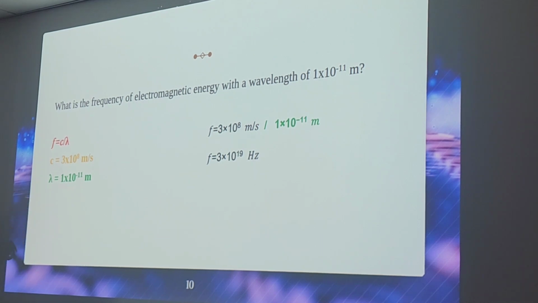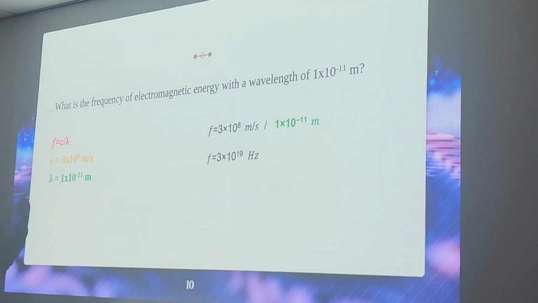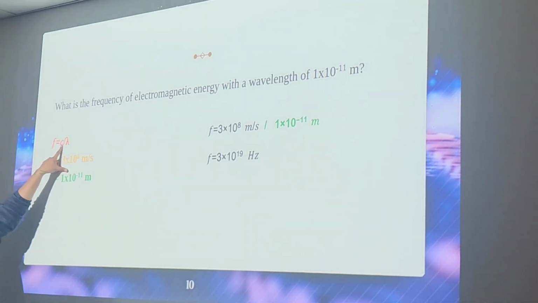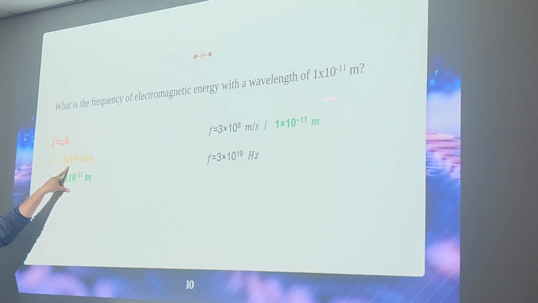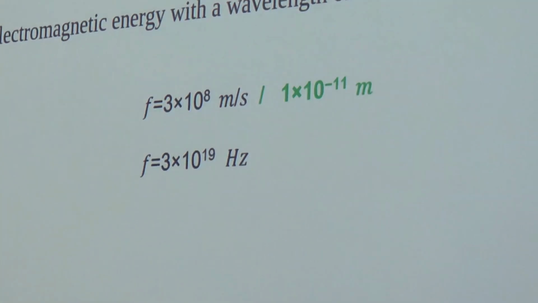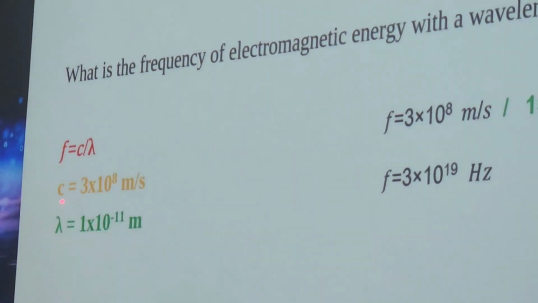Okay, and we can always rearrange the formulas according to what we need to figure out. So, in order to find frequency, we're going to take c and divide it by the wavelength. Do we already know c? Yeah, 3 times 10 to the power of 8. And then wavelength is this amount right here.